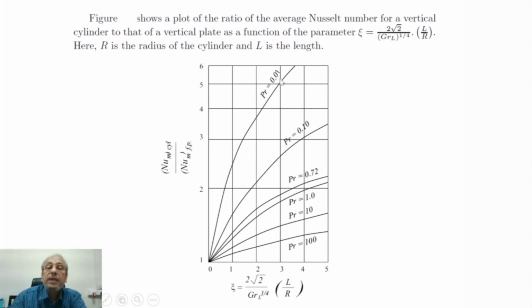We can see the variation of Prandtl number is from 0.01 to 0.1 to 0.72 for air, to 1 to 10, and then we have also indicated here Prandtl number equal to 100. High Prandtl number means basically these are flows of oil or similar fluids.